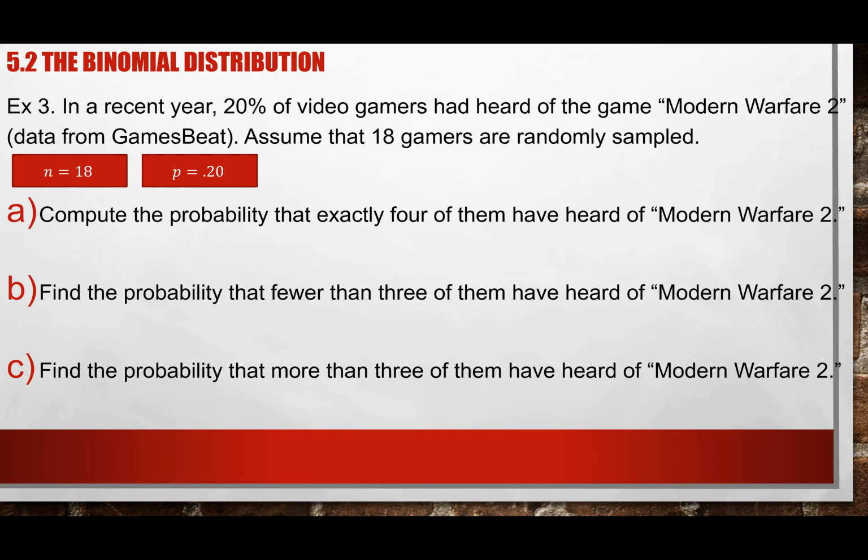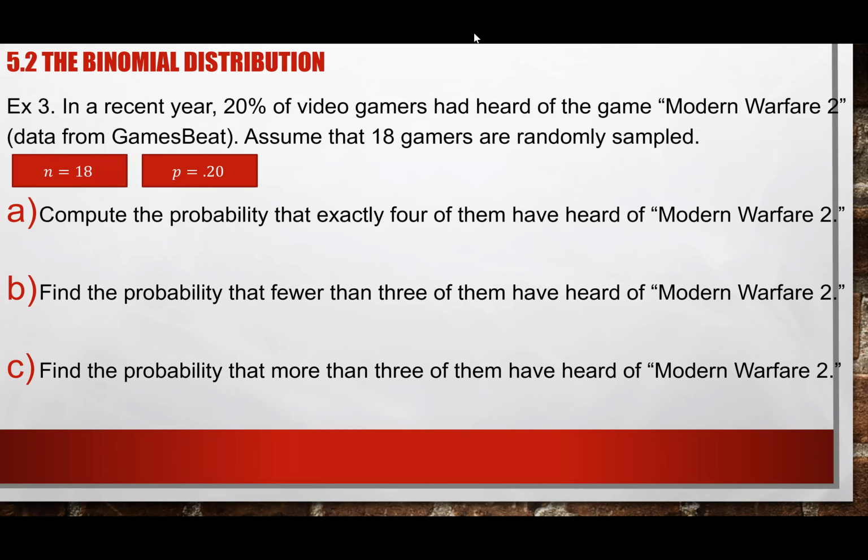Now let's look at the question they ask: find the probability that exactly 4 of them, from a group of 18 that you sample, heard about this game Modern Warfare 2. If you see the word exactly 4, you say, oh, exactly, that would be my binomial PDF.